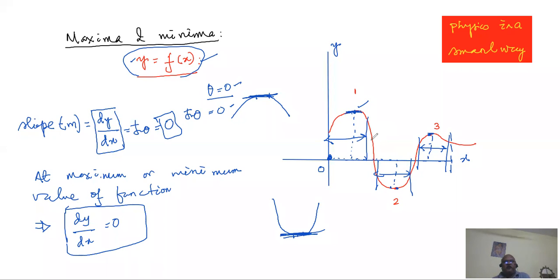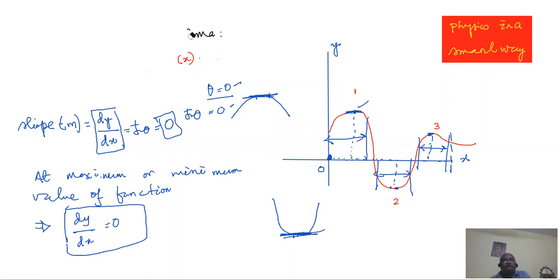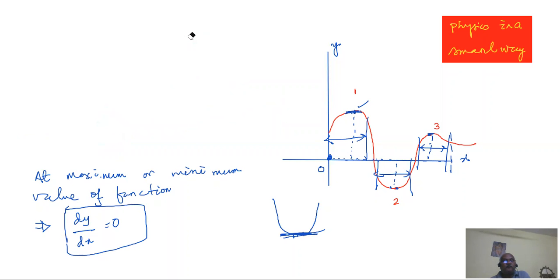Okay, so let us consider an example in support of our fact, because without an example, maybe you will be slightly confused. Let us consider a question: let y equal to minus 2x square minus 3x plus 5.